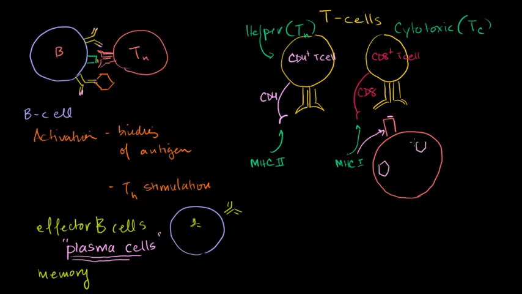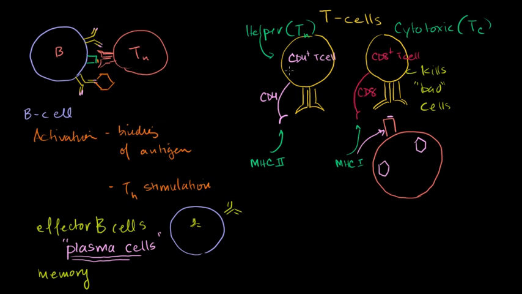Maybe a virus has infected it. Maybe it's cancerous. It needs to die. Otherwise, it's going to keep producing viruses if it's infected, or keep dividing if it's a cancer and infect the rest of the body. So the CD8 kills infected cells. I'll just say bad cells, because cancer really isn't an infection. Kills bad cells, cells that, if you don't kill them, are going to keep producing viruses or keep splitting and spreading the cancer.